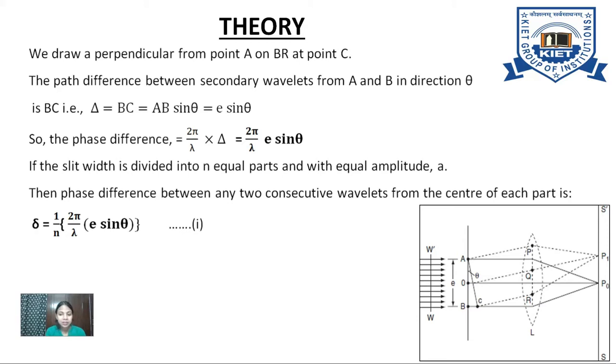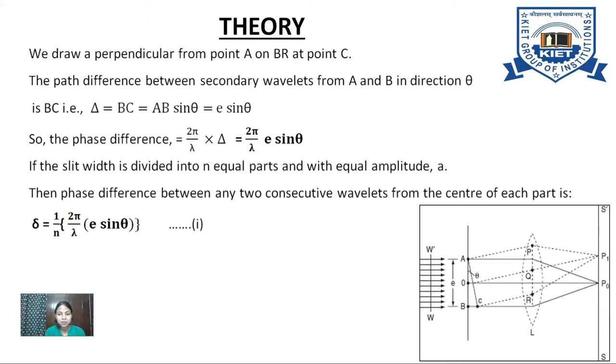We now divide this slit AB into n equal parts. I repeat, equal parts. And because we've divided this into equal parts, the amplitude of each part is equal, and let us say it is a.